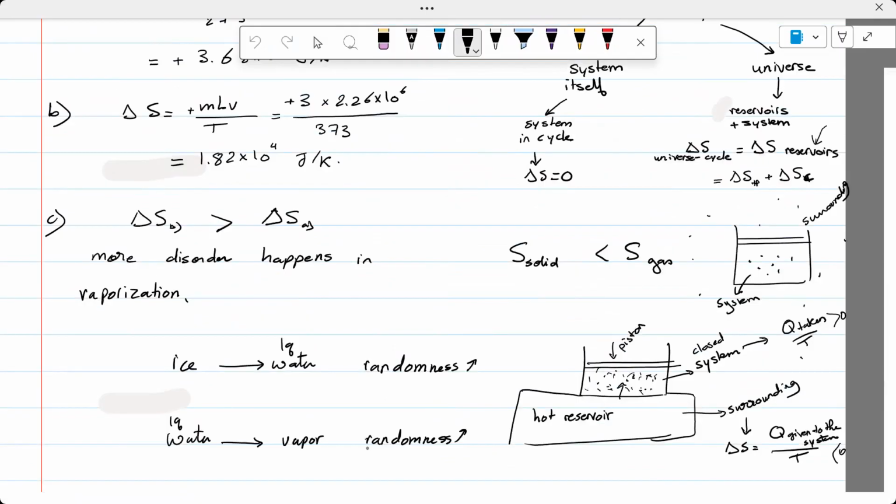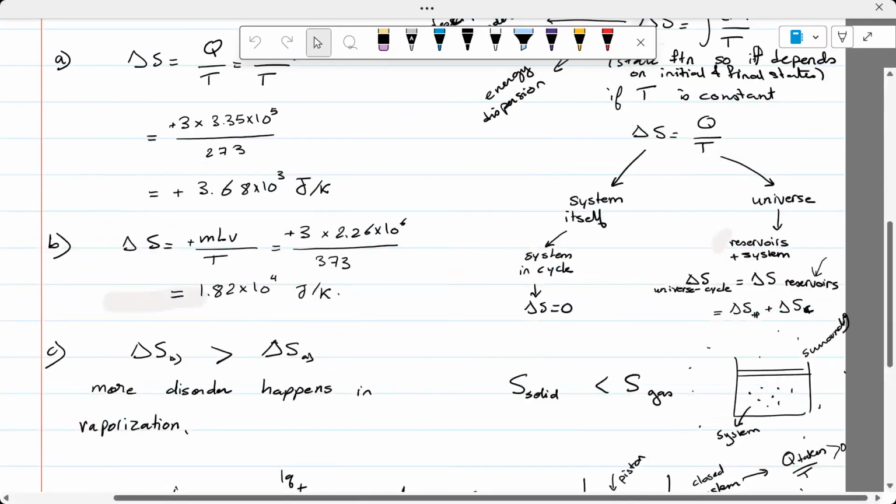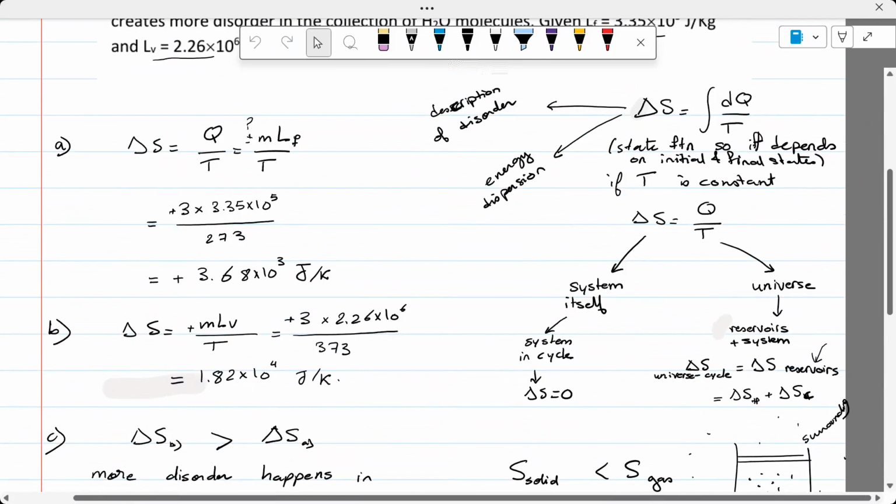Why? Because in a vapor, the distances between the atoms are way more. The motion is way more random. The molecules are filling up the whole container. So there is way more disorder occurring. And you can see that verified mathematically when we calculated the entropy.